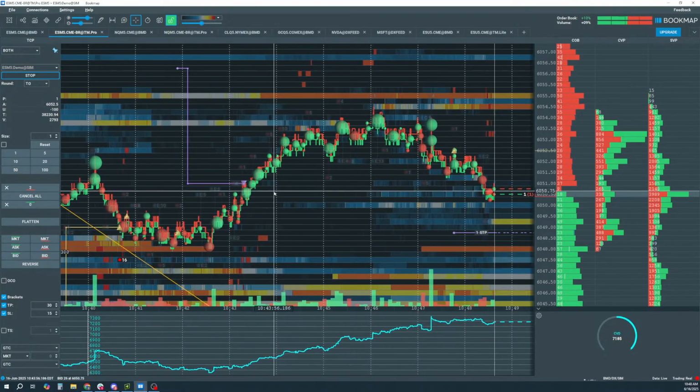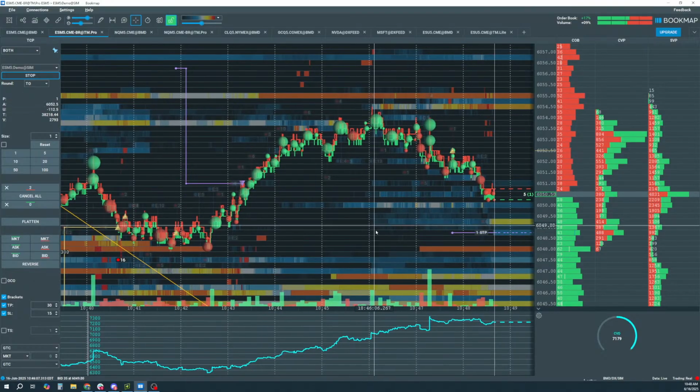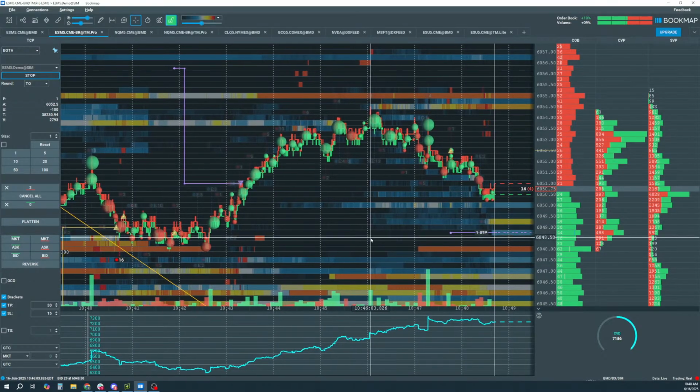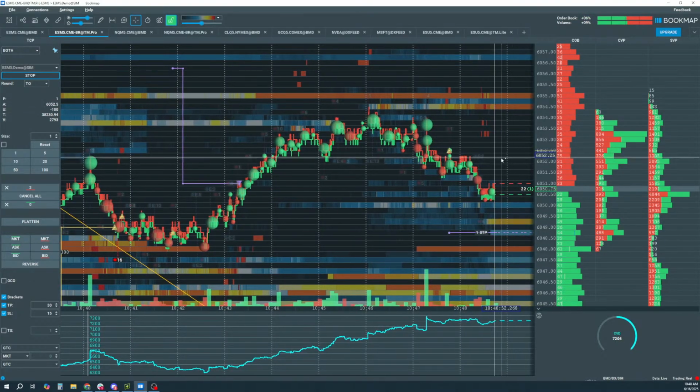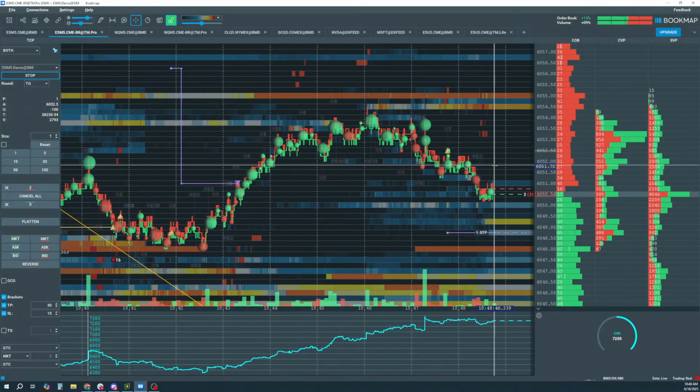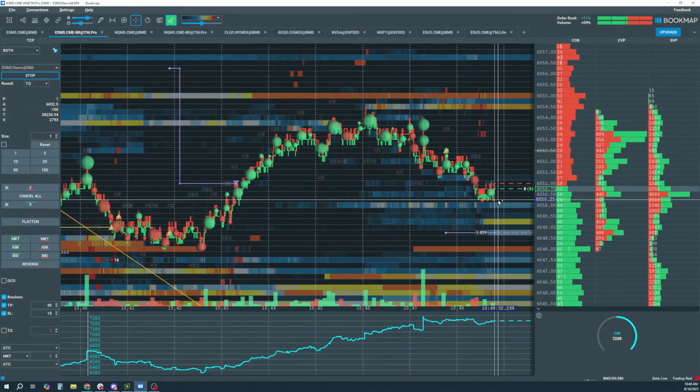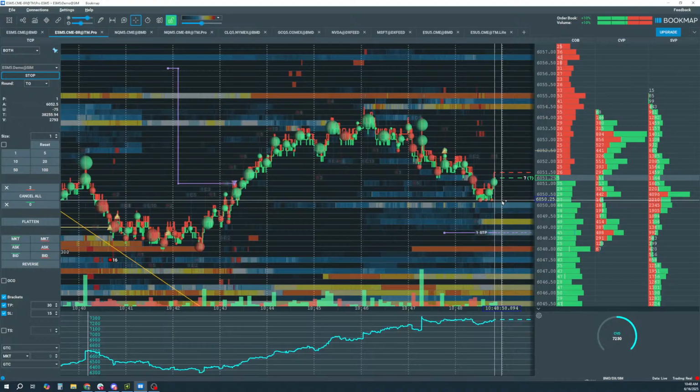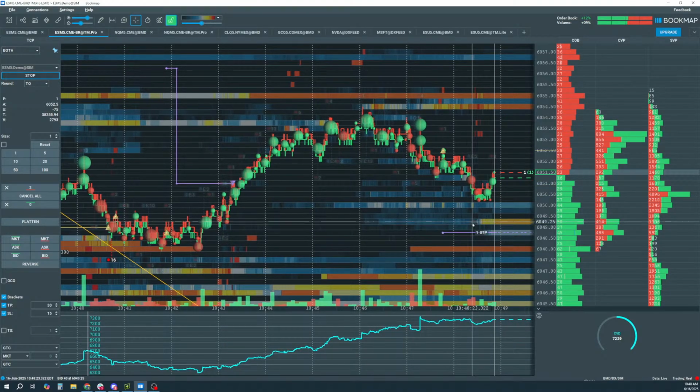Well, let's see. Maybe back up to here. We'll see. Okay, if I start to see sellers hitting the bid again at 50.25, we're out. It's not worth it.